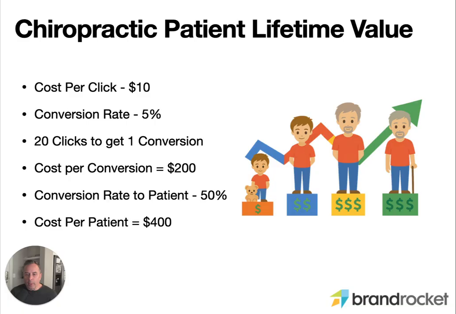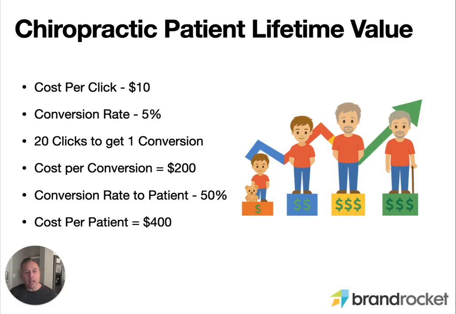Okay, so we're going to jump into some figures here. We're going to talk about costs and cost per click. So hypotheticals, of course, but cost per click, this is actually real. Like you could be spending $10 per click, right? It could be less, it could be more, depending on the keywords, but this is a realistic figure for CPCs, cost per click.